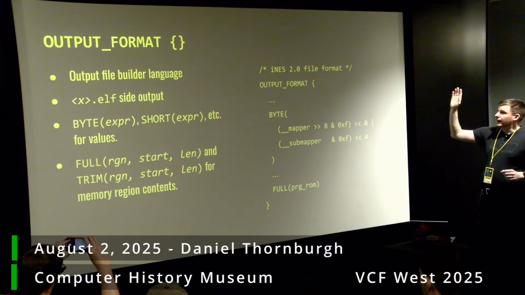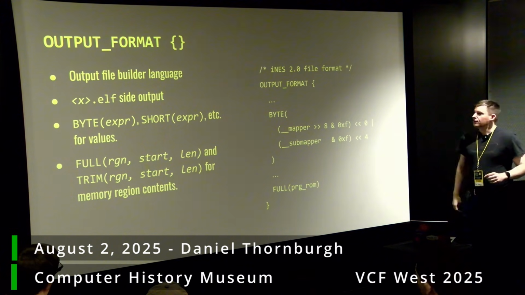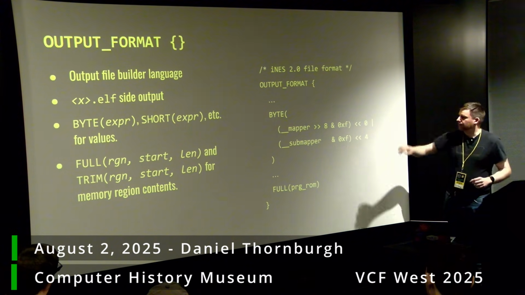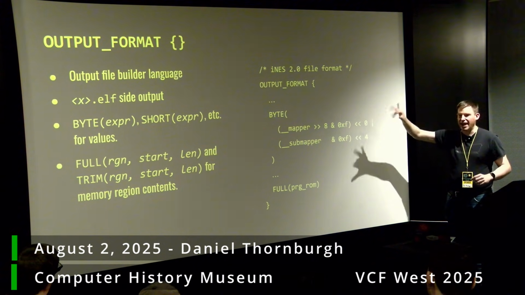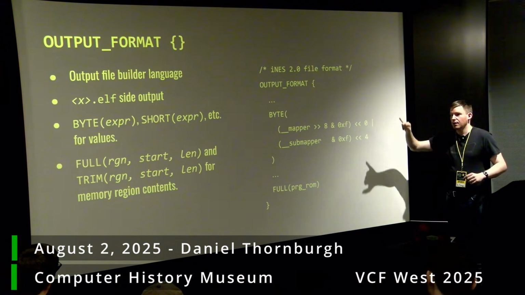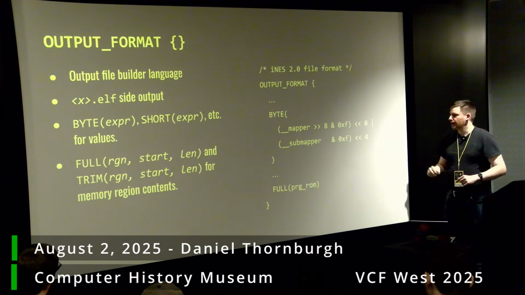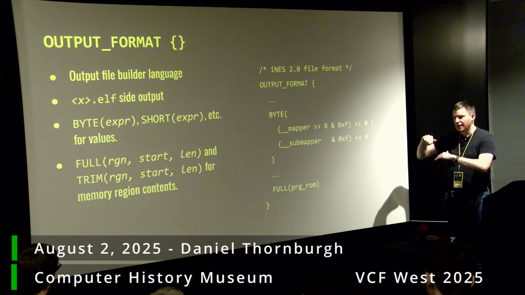To the linker script language, we added an output file builder sublanguage. So you can say output format, and then, by the way, this is a snippet from the actual NES header. The format that is used for NES ROMs is called iNES 2, and it has a bunch of bytes that have information about what the mapper IC is, how big the ROM is, the ROM itself.